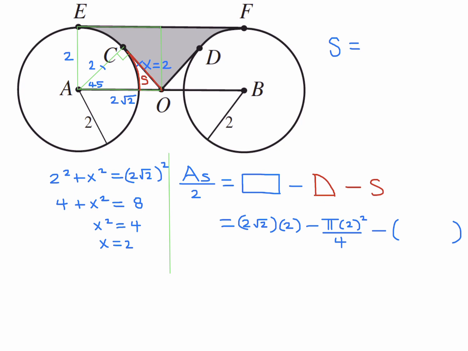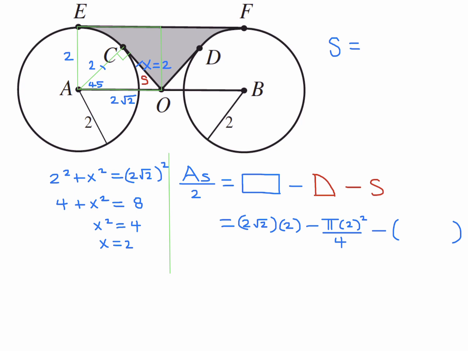Now, how do I get the value of S? I can take the triangle that is right there, and I can subtract from that triangle this segment of the circle. So I'll draw that over here.